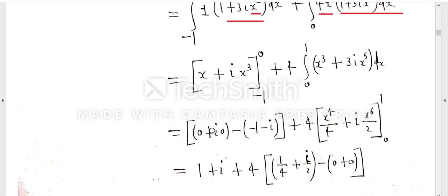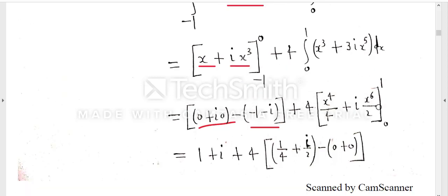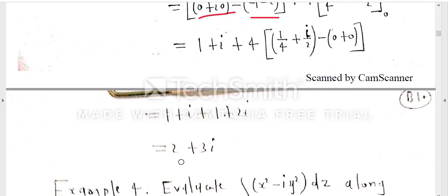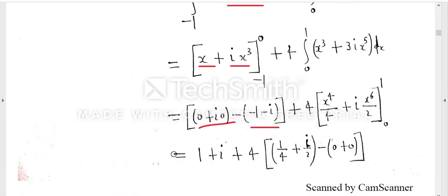Here we put the upper limit x equal to 0 minus the lower limit -1. Cube of -1 is -1. So -1 minus i plus 4. The integral is x raised to 4 by 4 and this is x raised to 6 by 6, so it will cancel out 3. After simplifying we will obtain 2 plus 3.